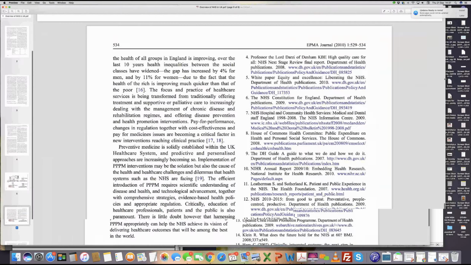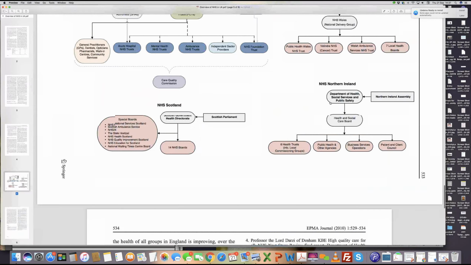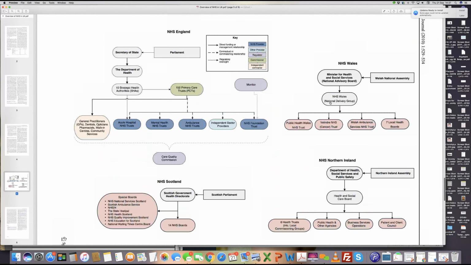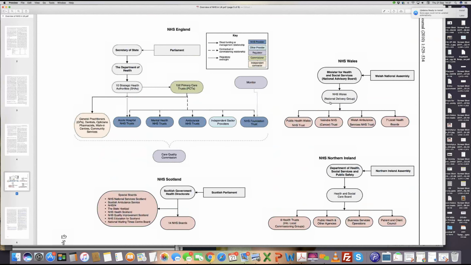If I look at this particular chart, it gives you the full structure of the NHS across Wales, England, Scotland, and Northern Ireland as a snapshot. So if you look at the 12 regional offices, they are divided into 152 primary care trusts just within England.